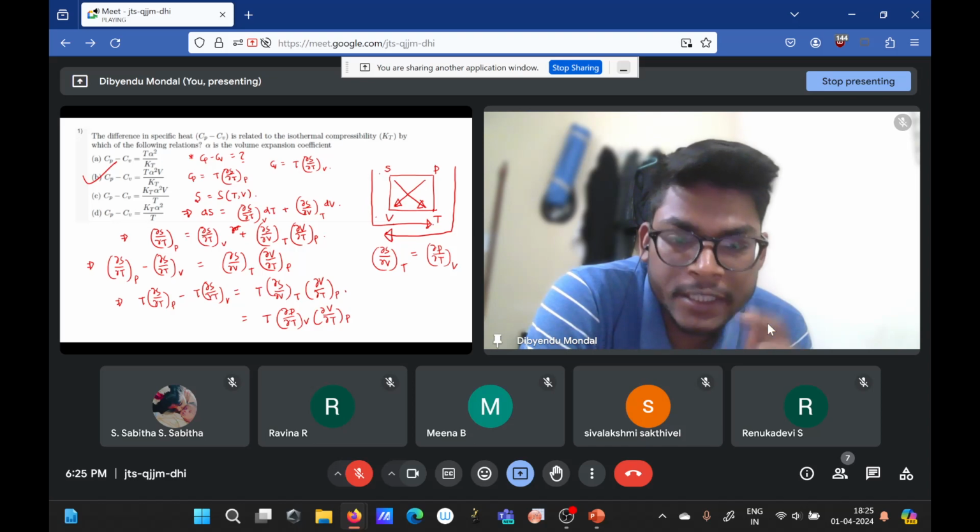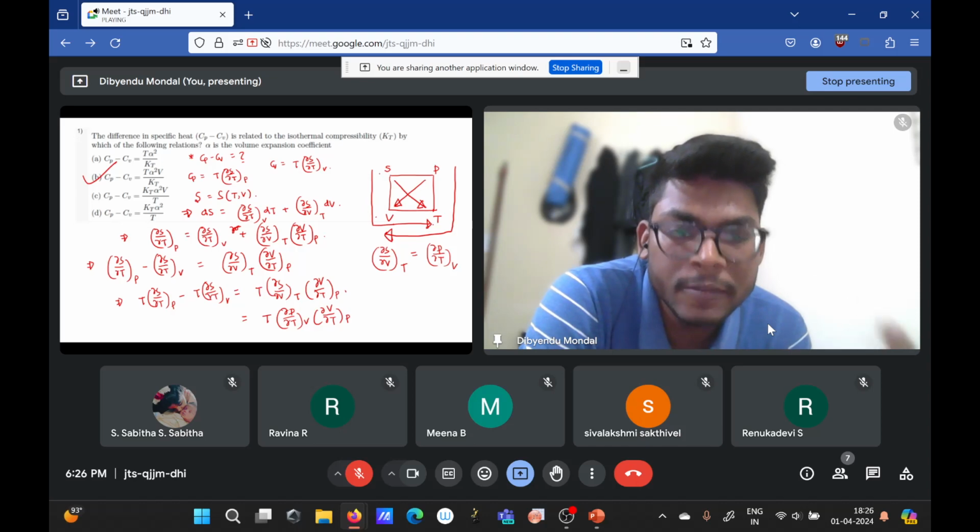So we have written this. Now S, which is entropy, is a thermodynamic variable that can be written in terms of two other thermodynamic variables.